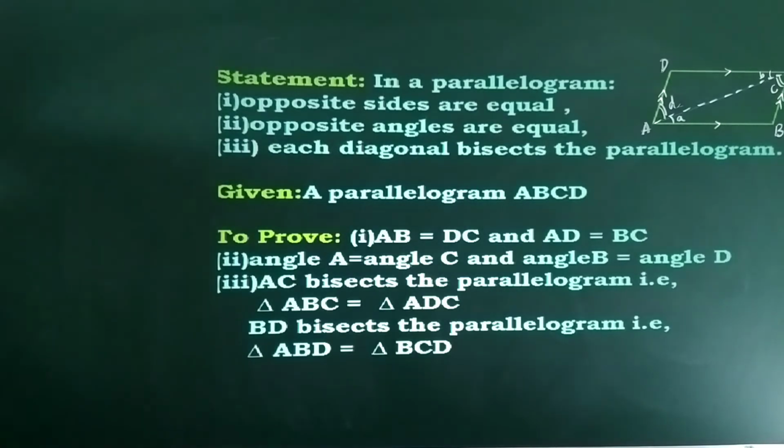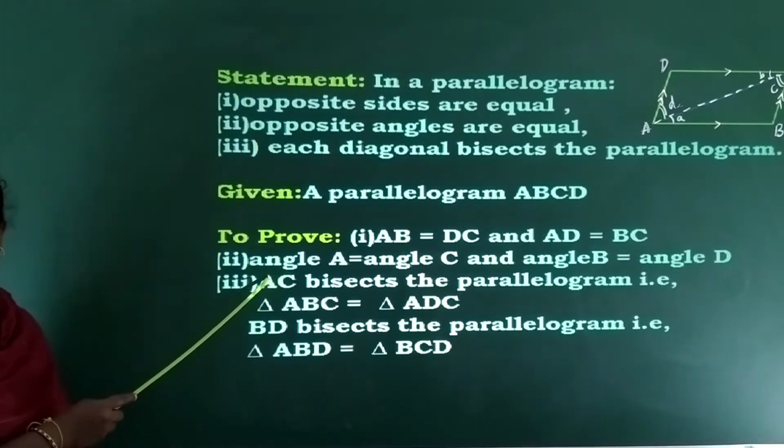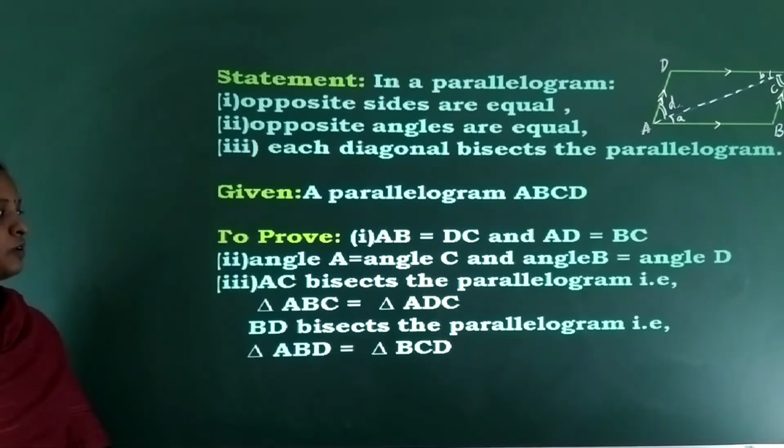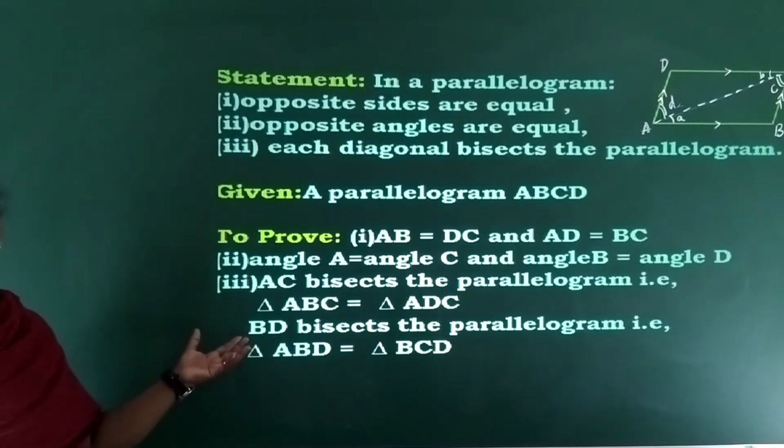Let us see, children, by using this diagram, how we have to prove the theorem. First of all, the statement. Theorem means these things should be there: statement, given, to prove, and hence proved. If it is needed, then only we have to draw the construction, children.